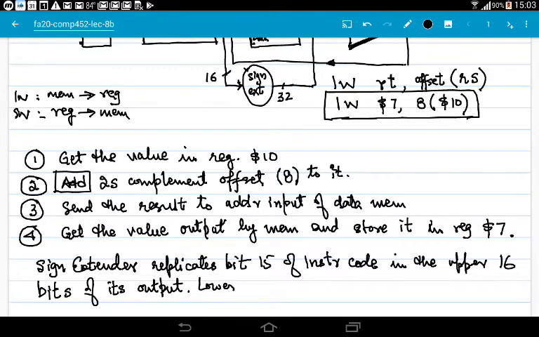The lower 16 bits are the same as the input.